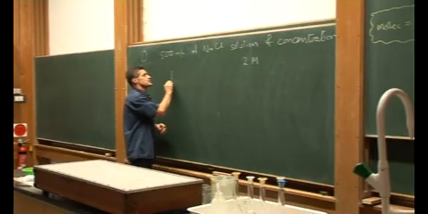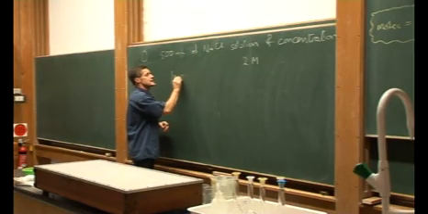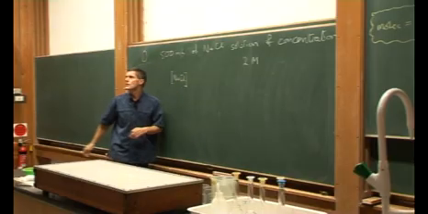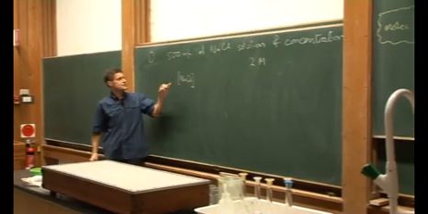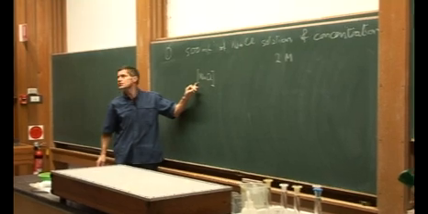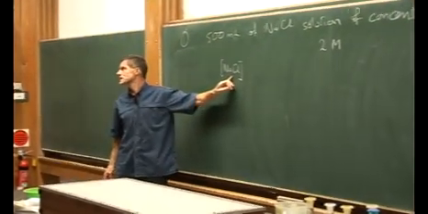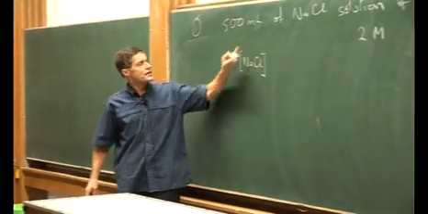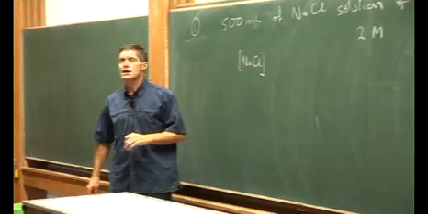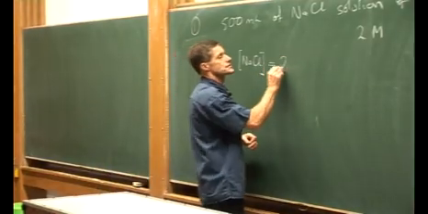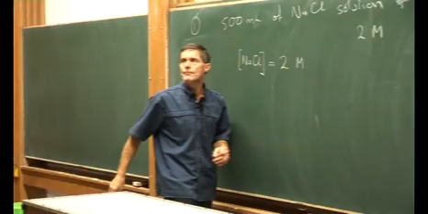When we write concentration, we very specifically use square brackets to mean the concentration of, in this case, sodium chloride. So this says the concentration of sodium chloride equals 2 molar.